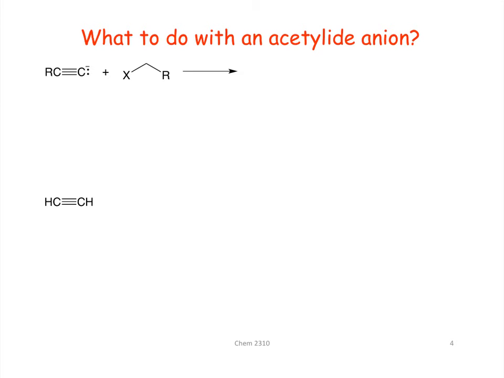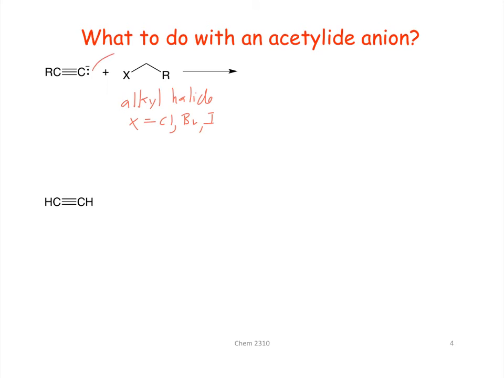What we can do is that if we have an alkyl halide, usually where this X could either be chlorine, bromine, or iodine, and we have our acetylide anion, a reaction like this can happen.